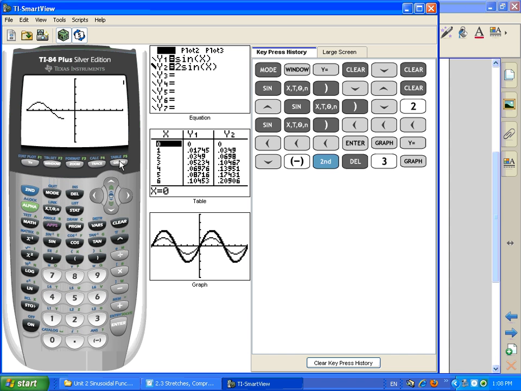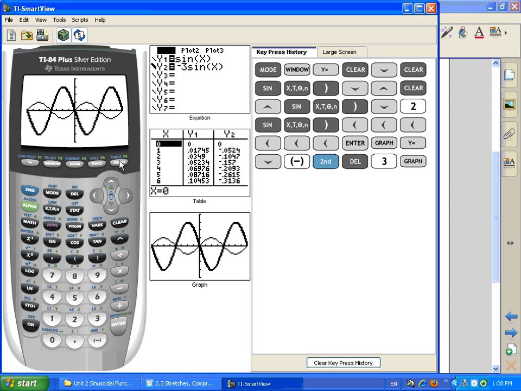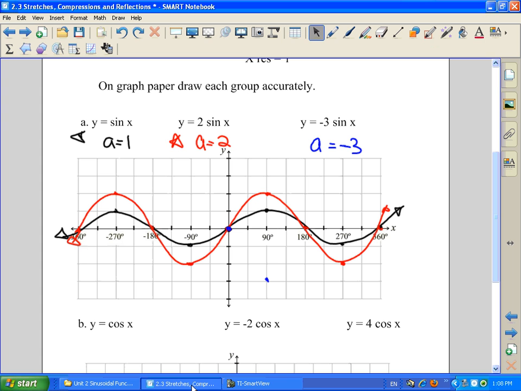So here comes our parent function. And then what do we notice? It's the opposite. So see, from the origin, we go to its minimum as opposed to its maximum as we increase. All right, so let's graph that. So again, the axes are the same, but we're doing the opposite. Wherever it's a minimum, it's going to be a maximum.